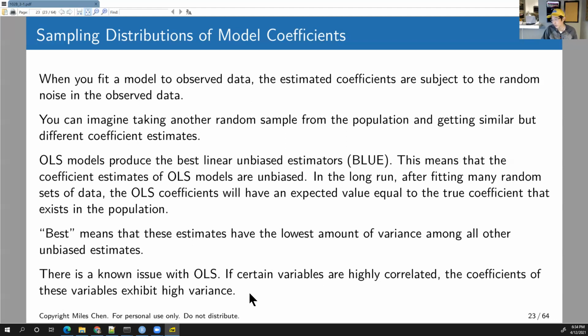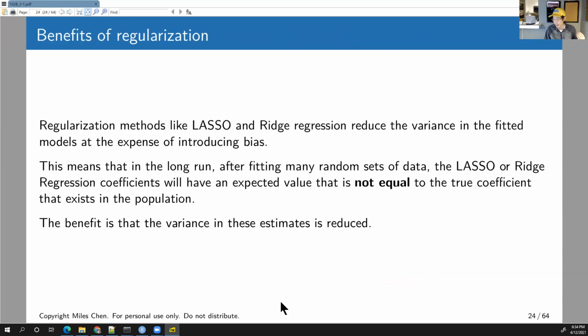But as we talked about, if certain variables are highly correlated, those coefficients will exhibit high variance. So lasso and ridge regression, and this whole idea of regularization, is trying to reduce the variance at the expense of introducing bias.